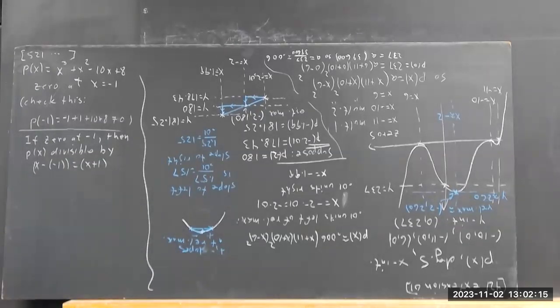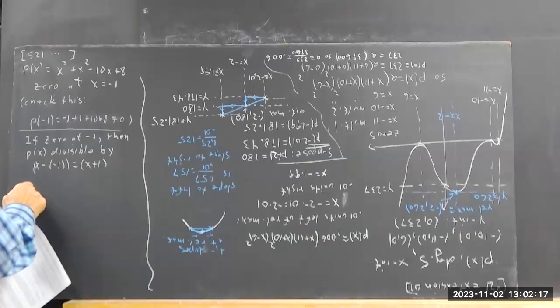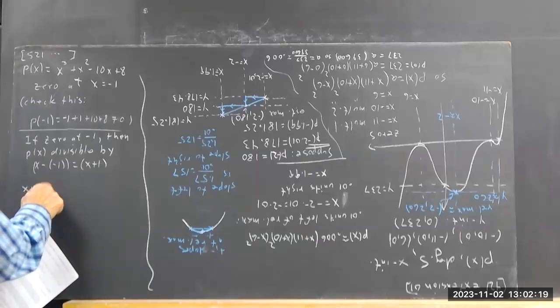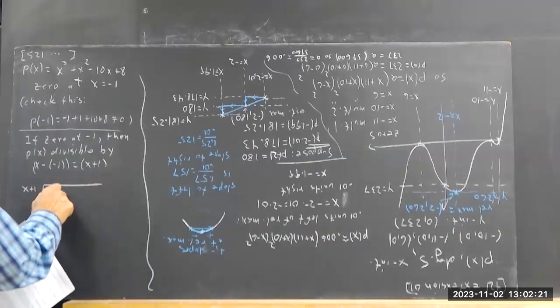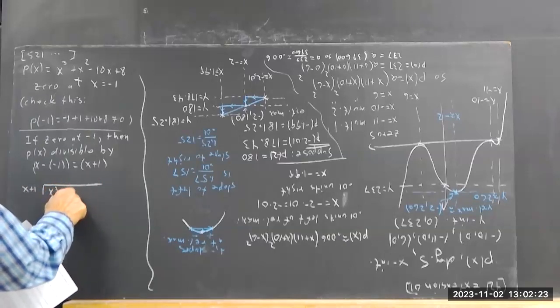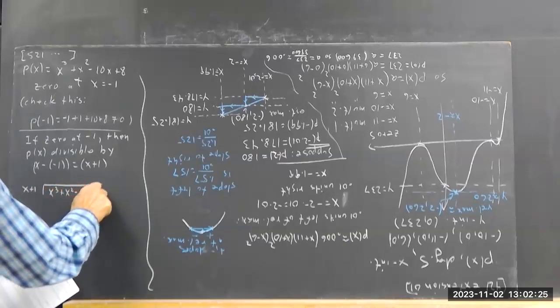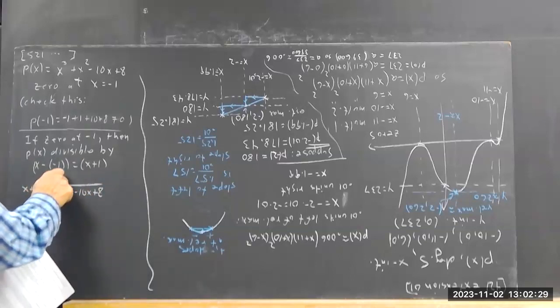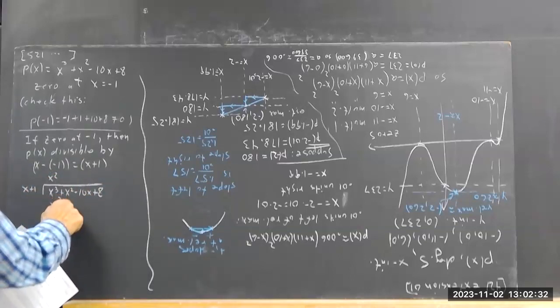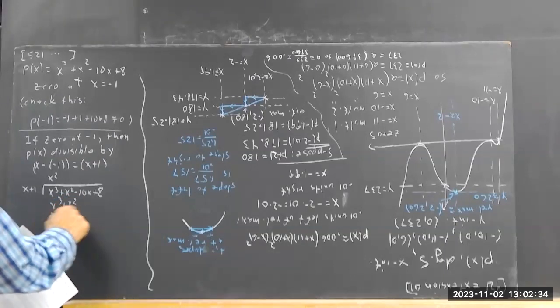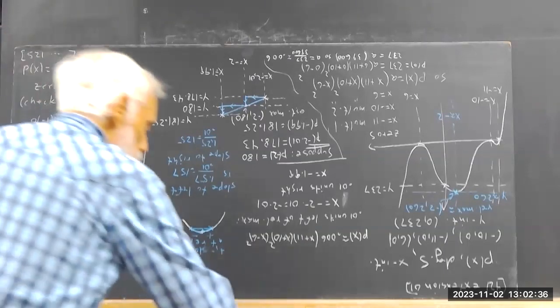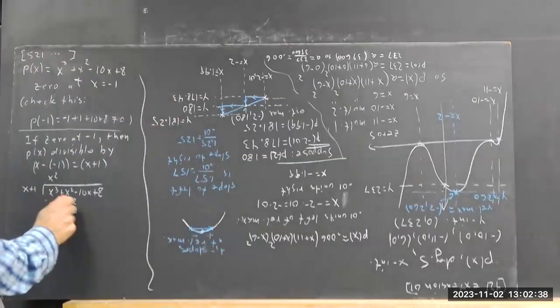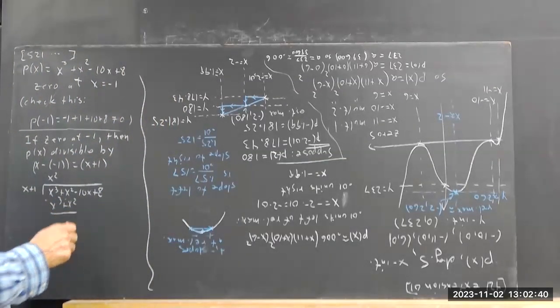Okay. So we just divide P of X by X plus 1. And we get X squared. And we remind ourselves to subtract.